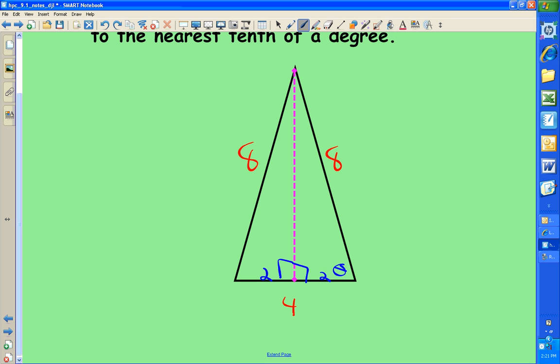How can I find theta? You could do the cosine of theta is equal to 2 over 8. So theta is equal to cos inverse of, if you want the decimal, 0.25. Or you can just leave it 2 over 8.